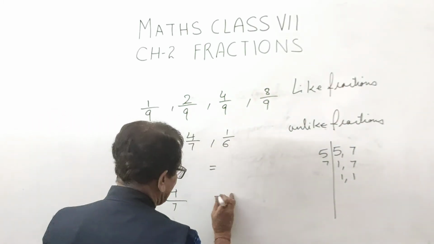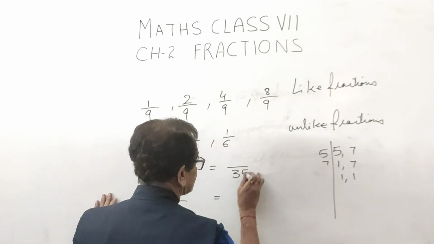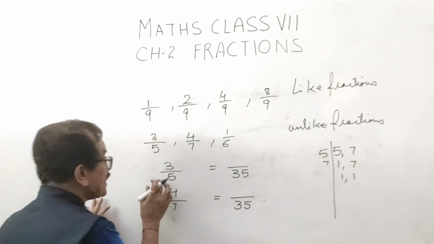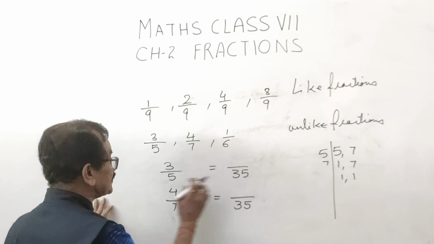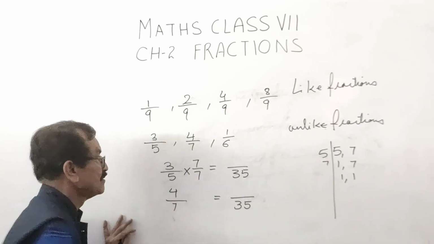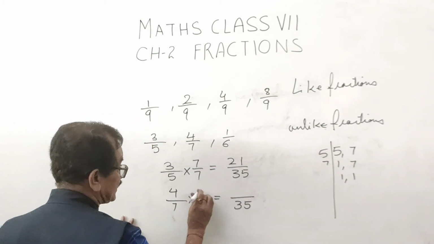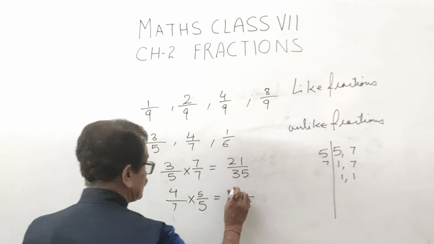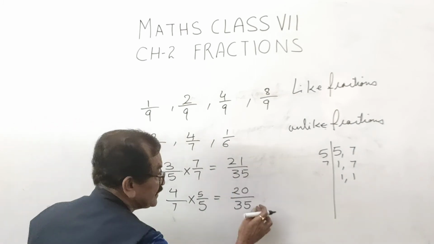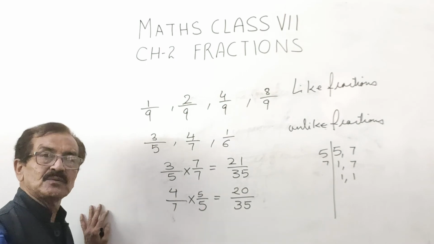So I need to make equivalent fractions of these two fractions with denominator 35. So 3 by 5, to make the denominator 35, I have to multiply the numerator and denominator by 7 to get 21 by 35. And here I have to multiply the numerator and denominator by 5 to get 20 by 35. Now, they are like fractions and the addition is absolutely simple.